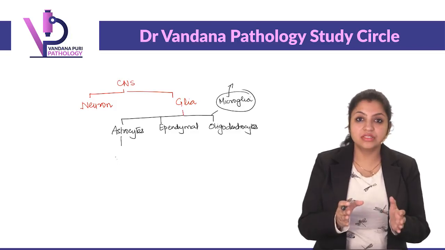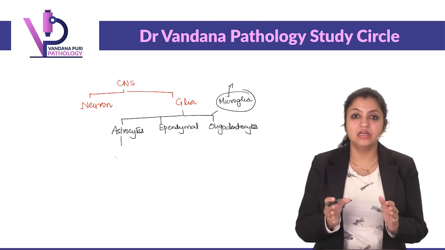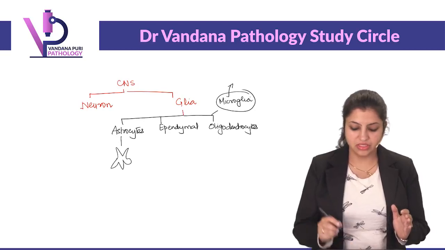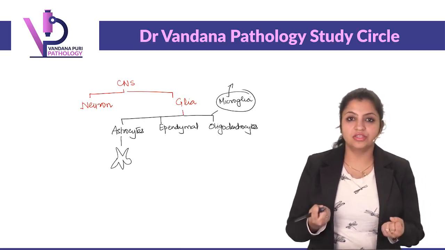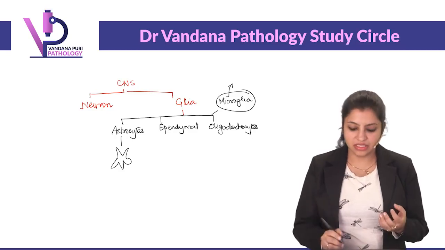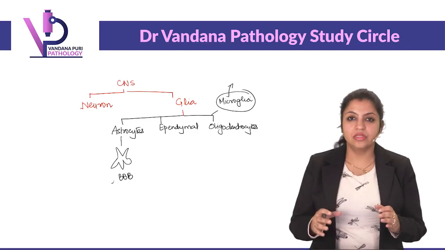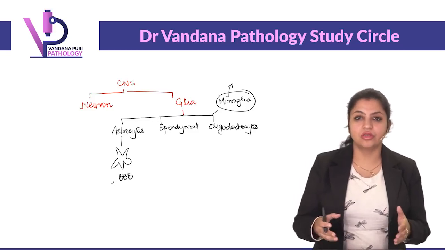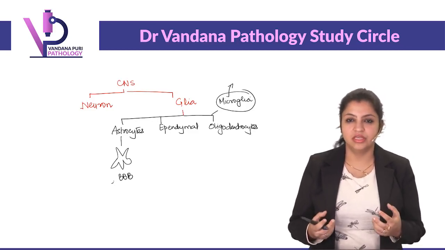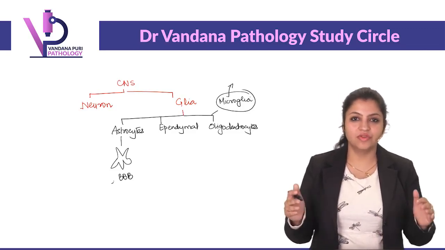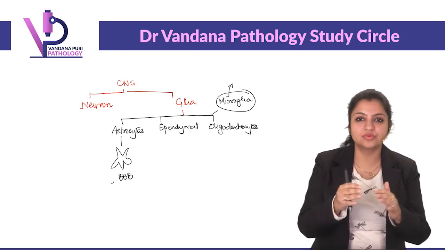They are star-shaped cells. The predominant function that astrocytes have is that they regulate the blood-brain barrier. Also, they are the first cells to respond whenever there is injury. You can treat them as the mother cells: whenever a child gets injured, they're the first ones to come and help.